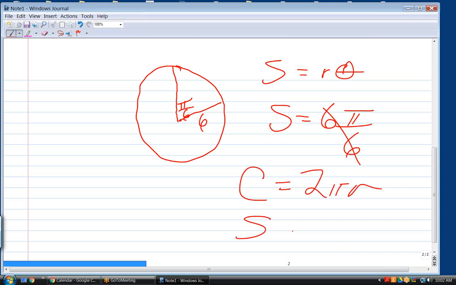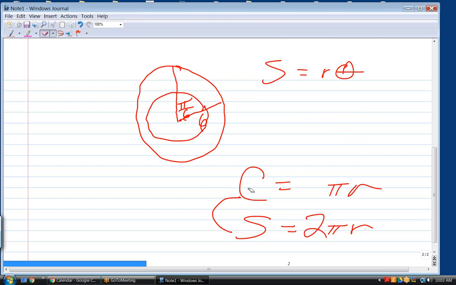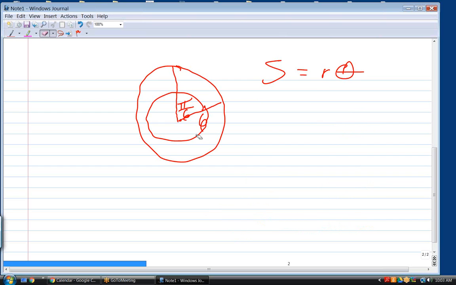The arc length of the entire circle, with the angle all the way around, would be 2 pi in radians. So it matches. For an angle smaller than 2 pi, smaller than 360 degrees, you can always find it by that formula. Or, like I said, if it's in degrees, you need to add the conversion factor to it.